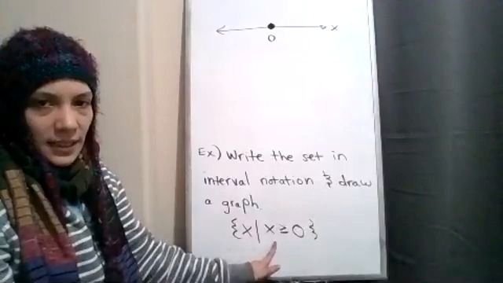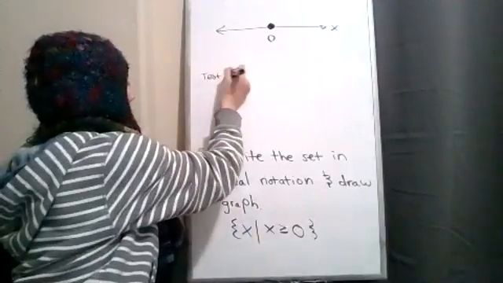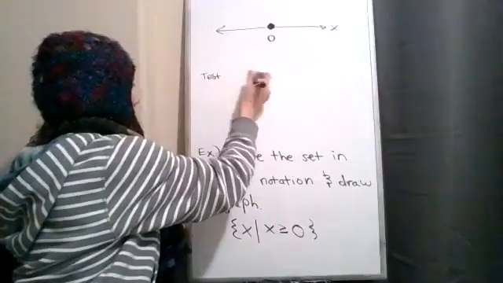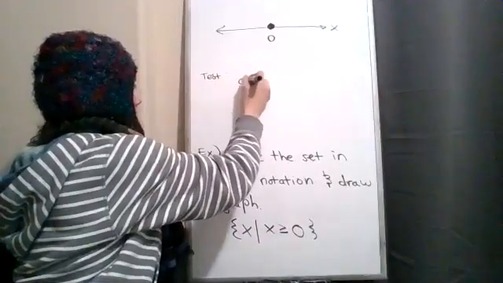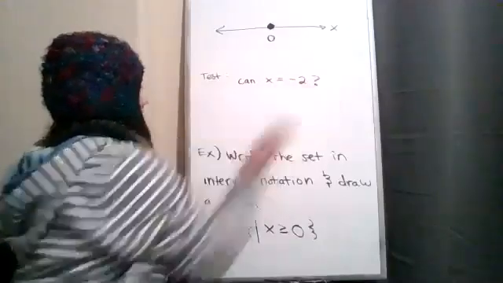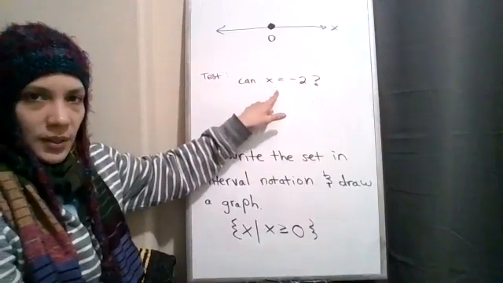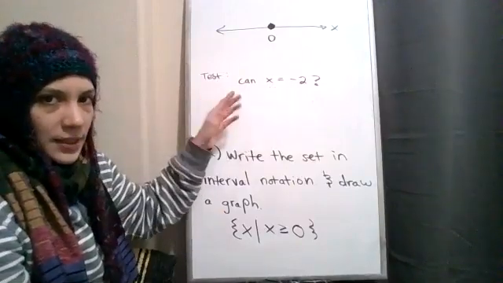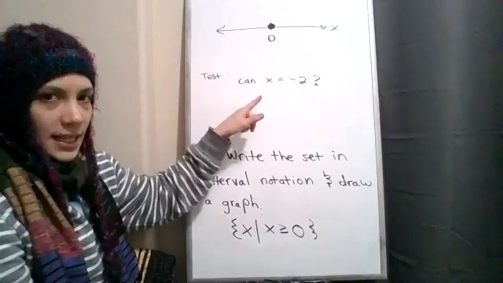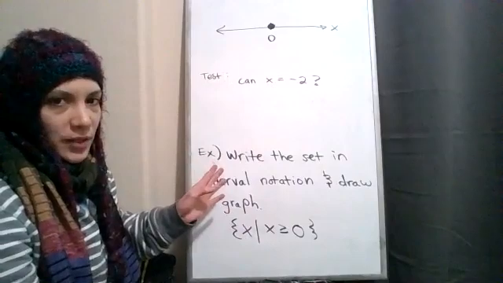Let's do some testing. So we're just going to see if you put in -2, will the statement be true? And if it's true, then it is part of the set. If it's false, then those values aren't part of your set.